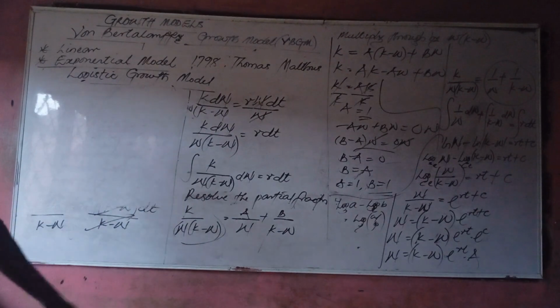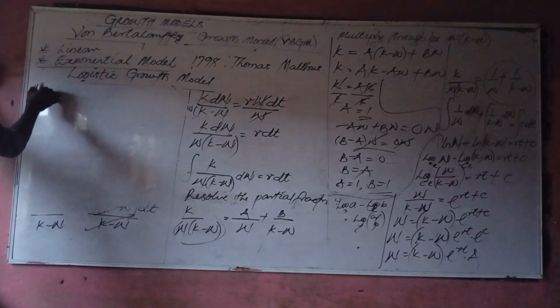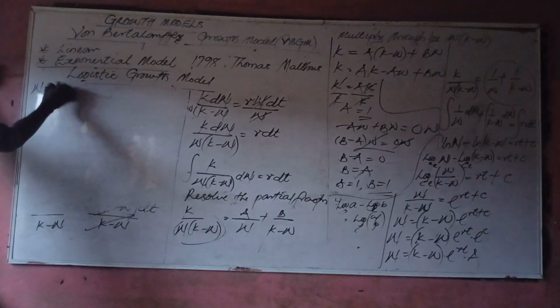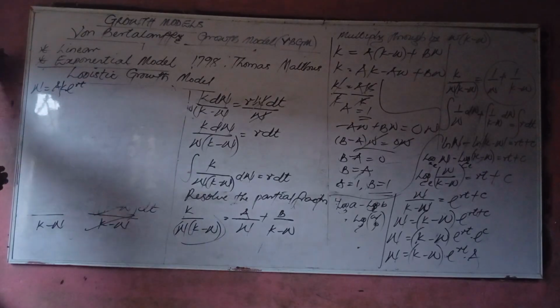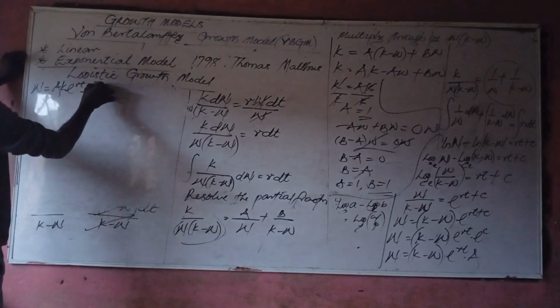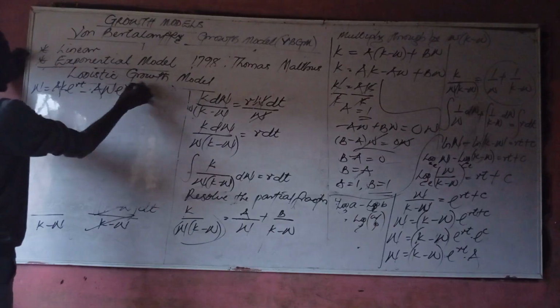If A is our constant, then we can open the brackets, and W becomes A K E to the RT minus A W E to the RT.